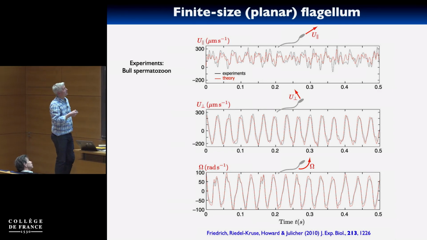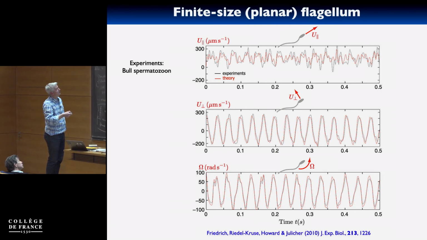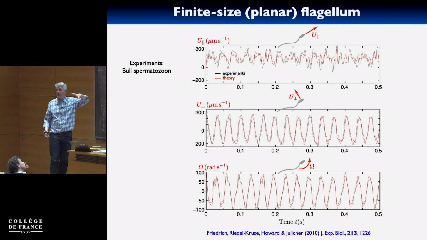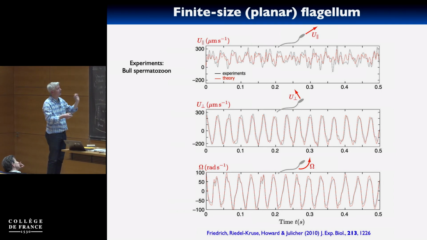Now, it's much nicer for U perpendicular and omega than it is for U parallel. That's because the motion in the perpendicular direction averages to 0, but has high amplitude. It's what we call the order epsilon problem. It scales with the amplitude of the motion. So if you actually do the mathematical calculation, this will scale like the amplitude of the wave. And same thing with omega.